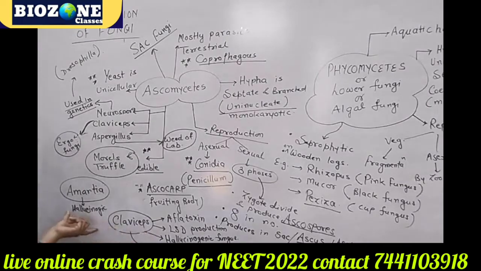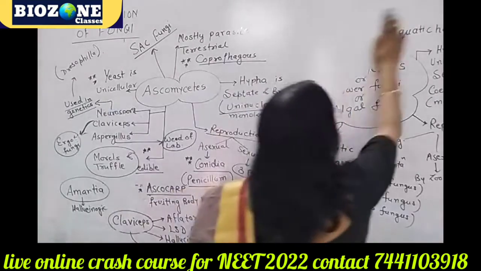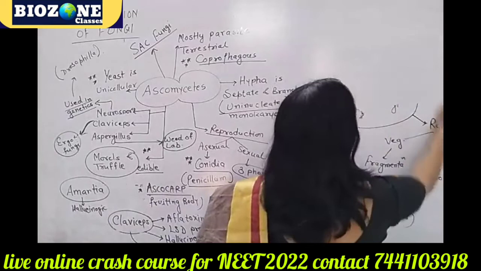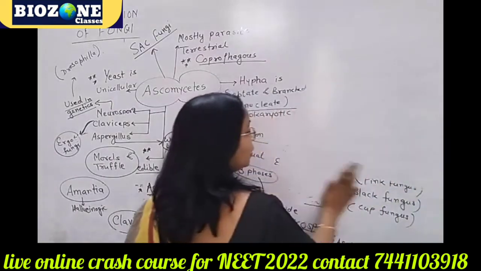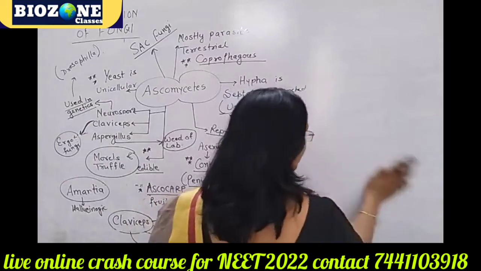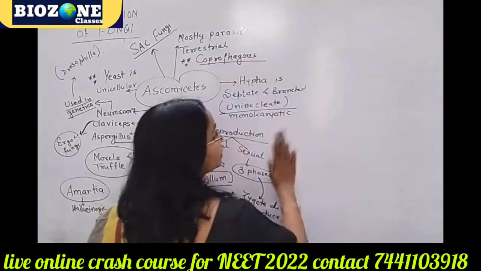So the fungus is same, but in the asexual or imperfect phase it is Amanita, and in the sexual or perfect phase it is Claviceps. So this is the second class, the Ascomycetes, and after Ascomycetes जो next हम study करते हैं that is Basidiomycetes. Important feature of Basidiomycetes is that asexual reproduction is completely absent.